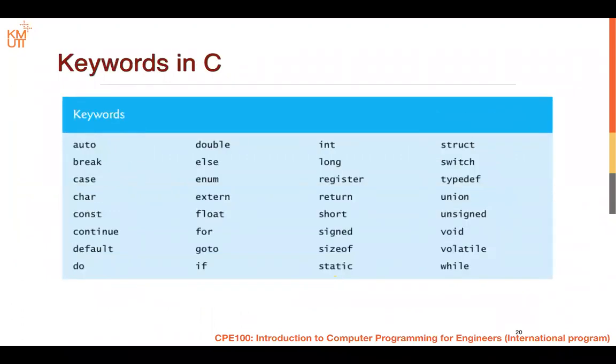Okay, before we go to the next topic, the most important thing that you may have to know is the keywords in C. Why do you have to know the keywords in C? Because you cannot declare a variable of these names, right?